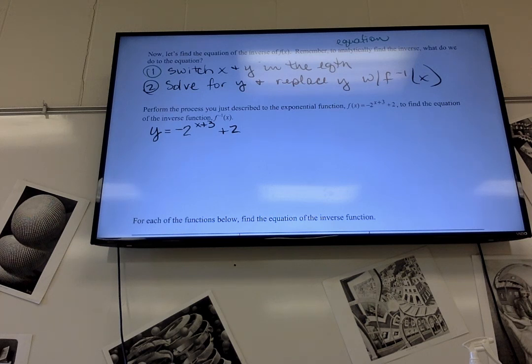And now our first step, according to my steps 1 and 2 up here, is what am I going to do? Yep, flip-flop x and y. So I've got x equals negative 2 times the quantity y plus 3 as an exponent, plus 2.